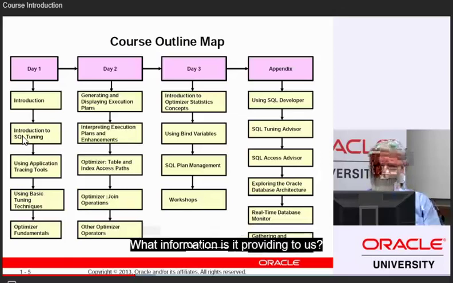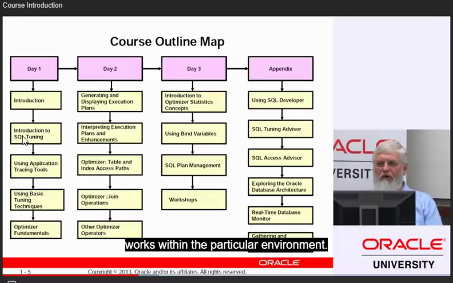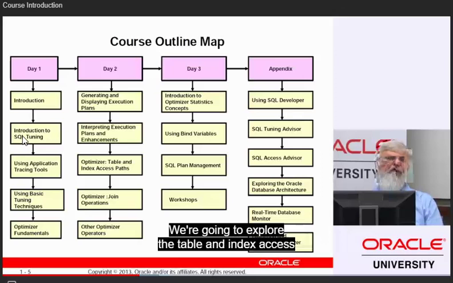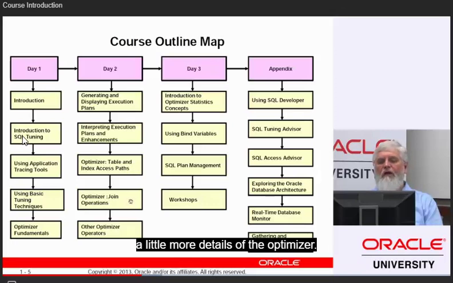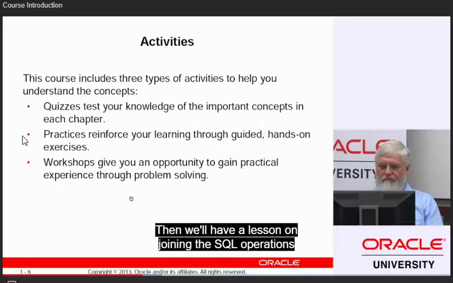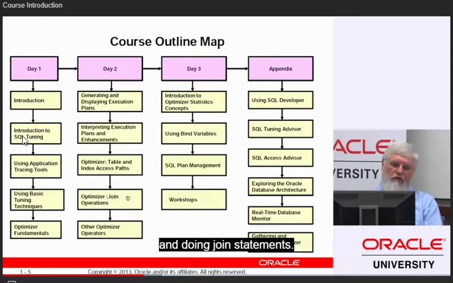We're going to explore the table and index access methods as the first lesson, where we're exploring a little more detail of the optimizer. Then we'll have a lesson on joining, on doing join statements. Then we'll have a look at other optimizers. So we're just exploring the optimizer, how it makes decisions, and what it is doing for us.